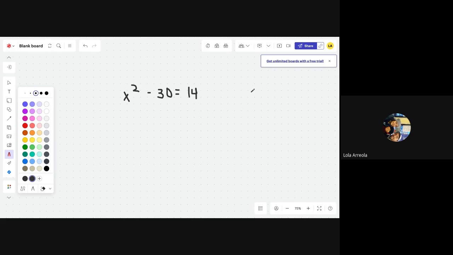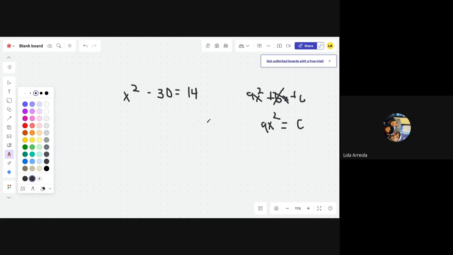So again, since I don't have that bx term, since I don't have this middle term, I'm basically just doing ax squared equal to c, and then just solving for x.